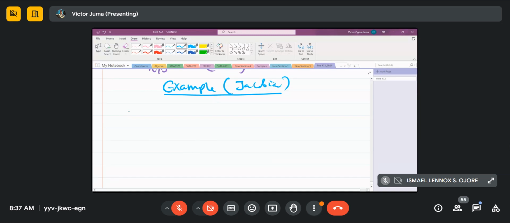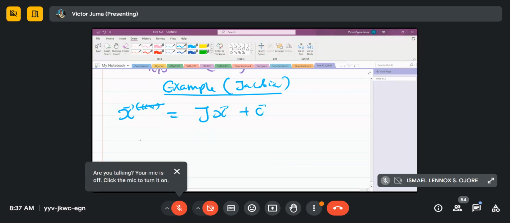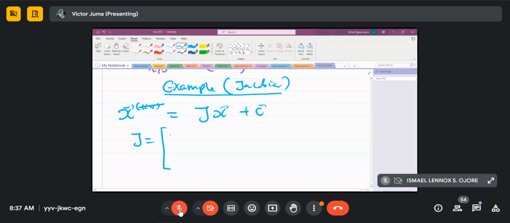So the other one we had x^(k+1) is the same as Jx plus c, right? What is the J? Give me the J from the previous example. 6 over 15, and then negative 1 over 54.